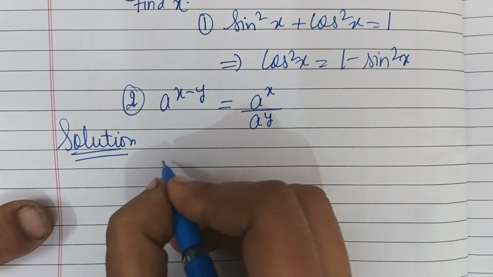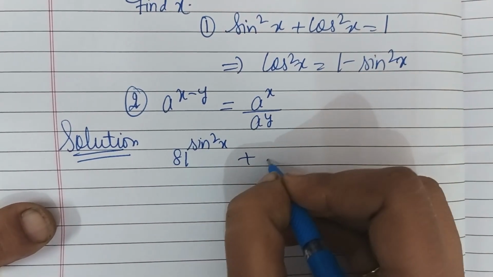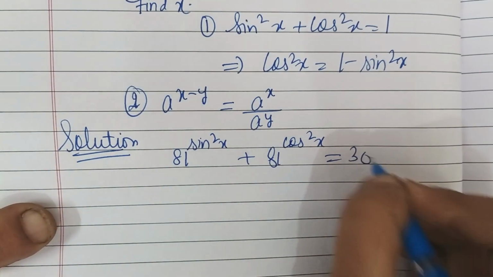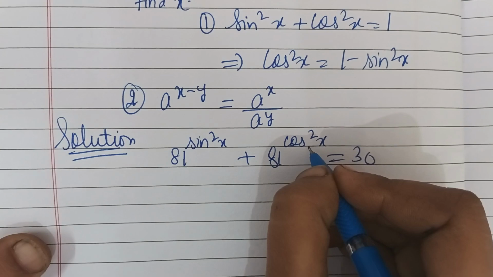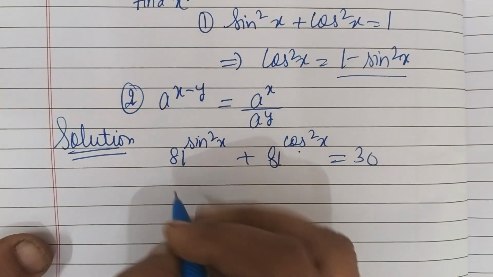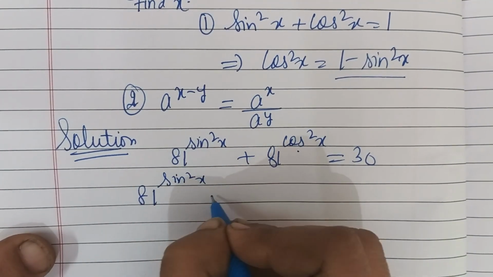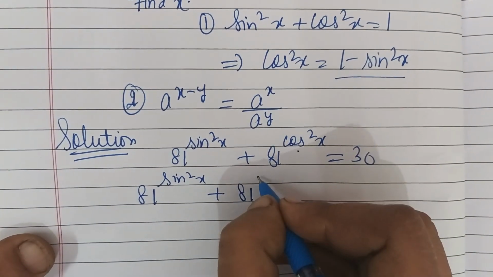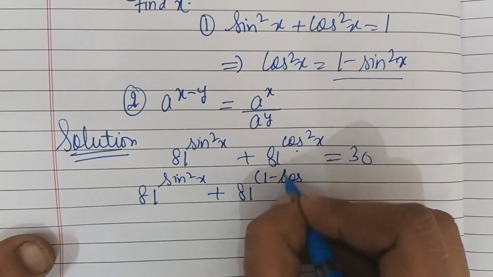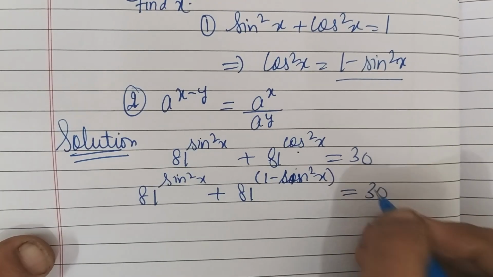And write the given statement: 81 sin square x plus 81 cos square x equals 30. So here cos square x we can write as 1 minus sin square x. So we'll write 81 sin square x plus 81 times 1 minus sin square x equals 30.